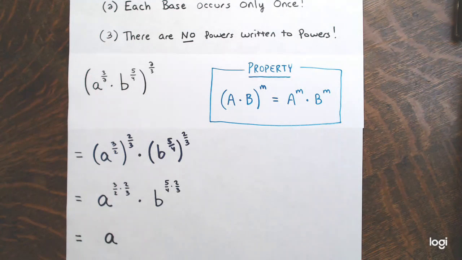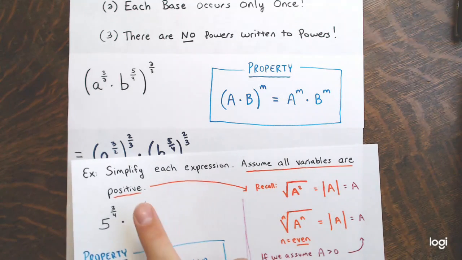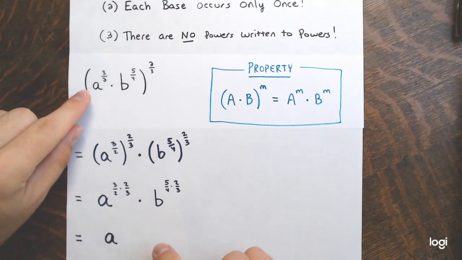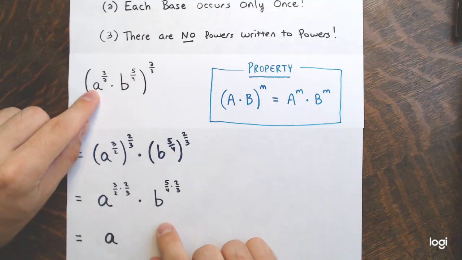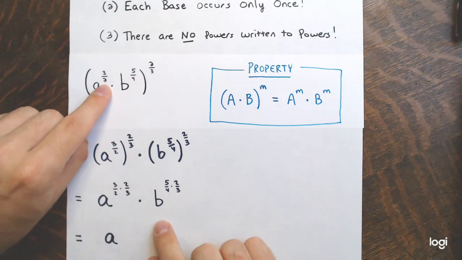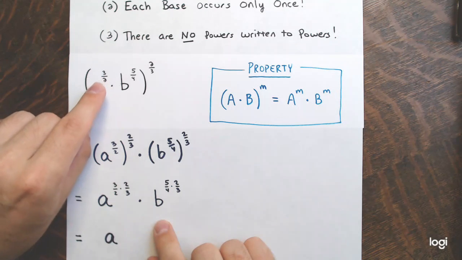All right. Now remember earlier, in the instructions for these, it was mentioned that we were supposed to simplify and also assume all variables are positive. Look at this. See how this started? I had a to the 3/2. The denominator was 2, meaning I was going to be taking the square root of a and then cubing it.